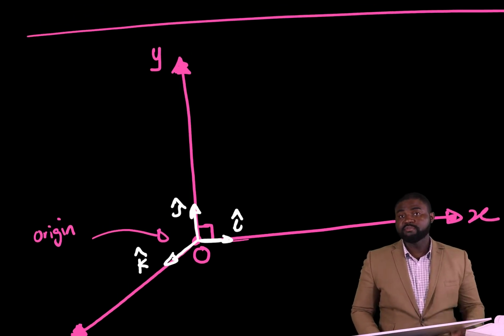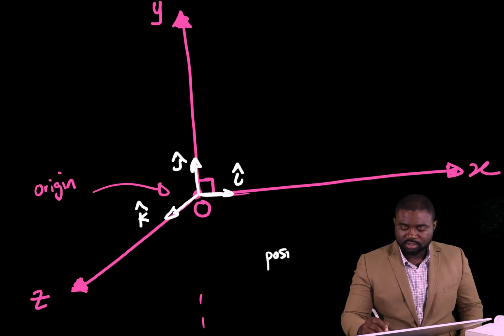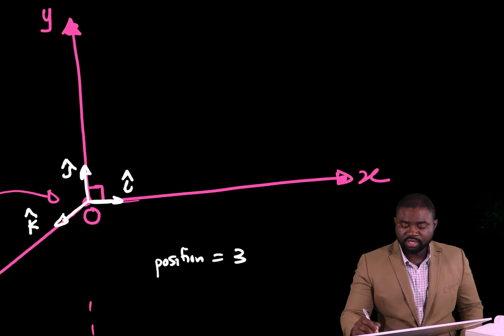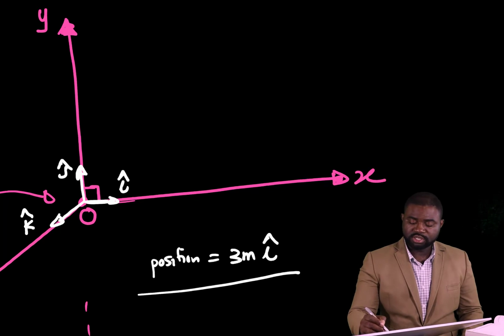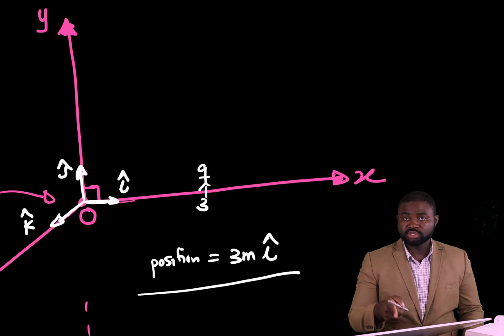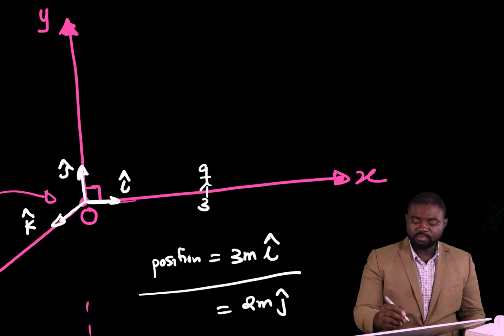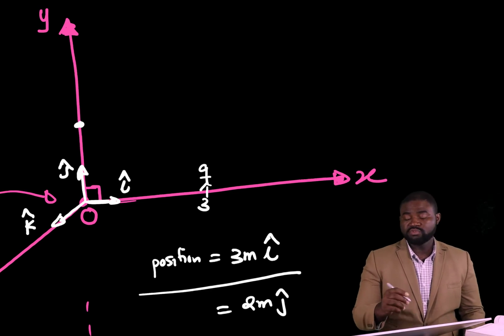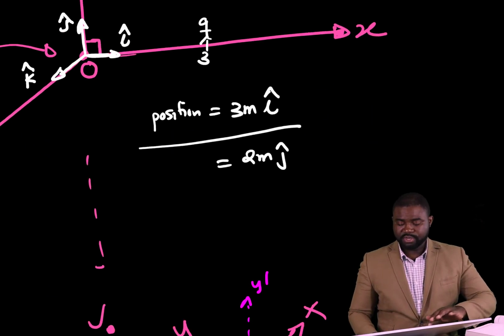If you say, for example, that the position of an object is 3 meters i, what is this telling you? It means that the person is standing 3 meters in the positive x direction. If the position is, let's say, 2 meters j, it means that the person is standing 2 meters in the positive y direction. So the use of unit vectors really is crucial in physics, and you need to remember that.